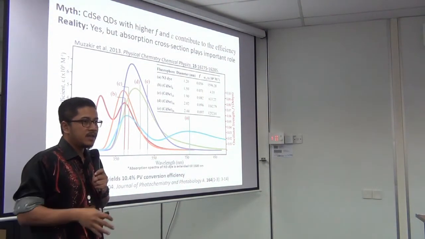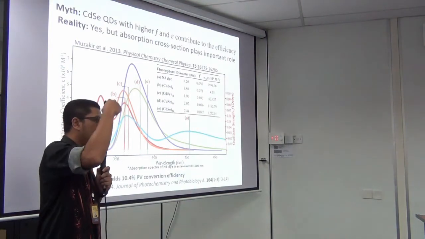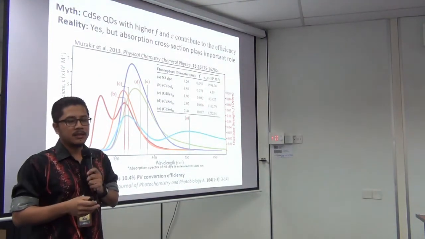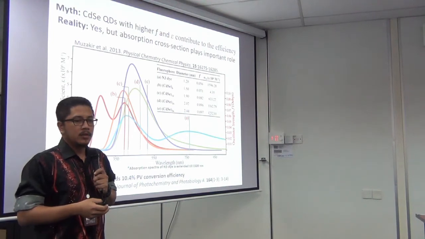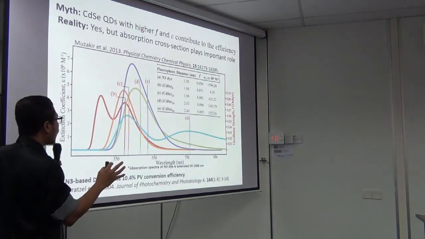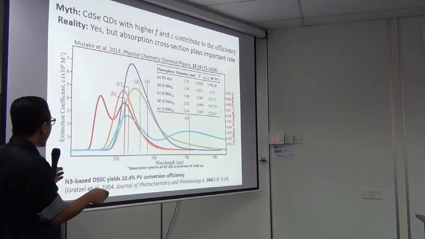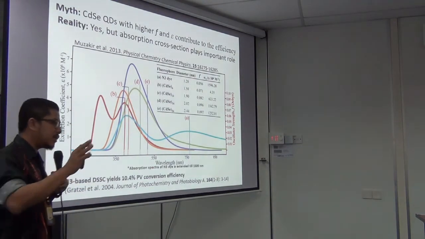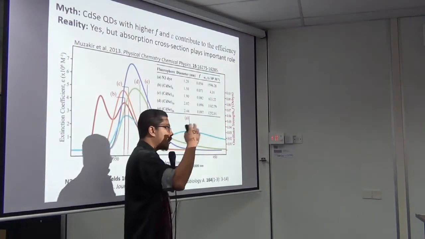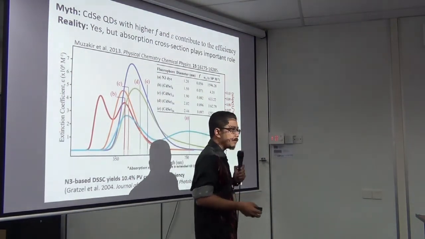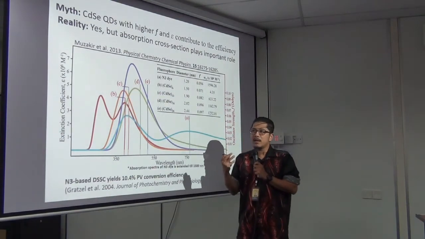However, the efficiency of quantum dot solar cell is still lower than the dye sensitized solar cell. So this is the wrong way of observing the phenomena. It seems that the oscillator strength and the extinction coefficient are not the correct point of view if we want to analyze DSSC versus QDSC. So we need a new angle.